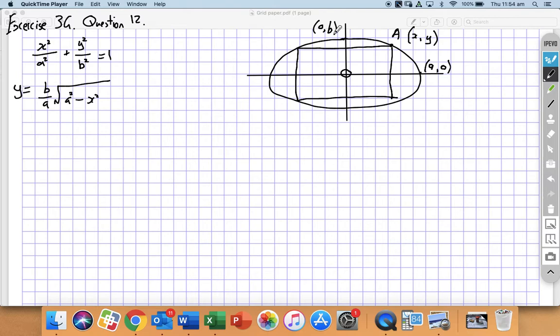Just a little note on this diagram here. You should be able to see this in the textbook, but that length from the origin all the way out to the edge of the ellipse, on this major axis, has length a.